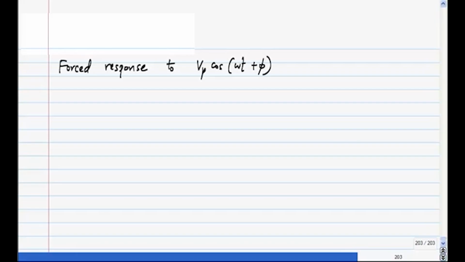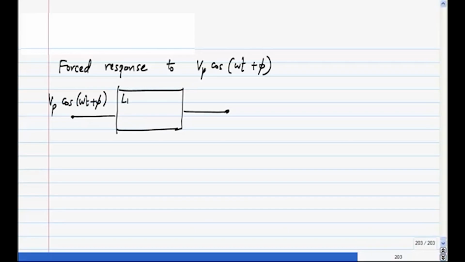So in the general scheme we came up with, although we took the example of an RC circuit, if this is fed to a linear system with real coefficients, you will get some output.